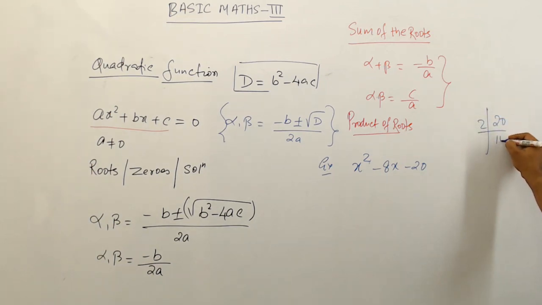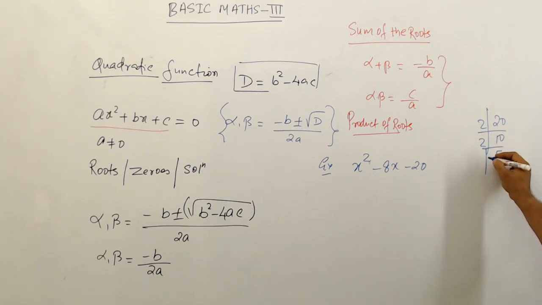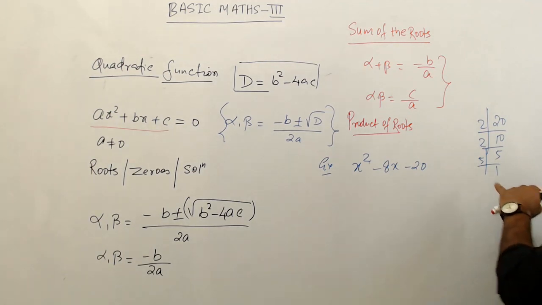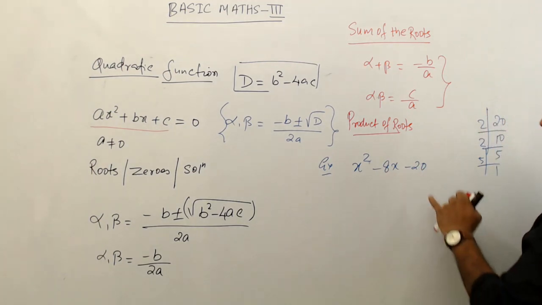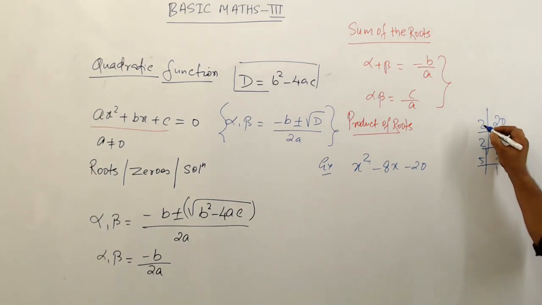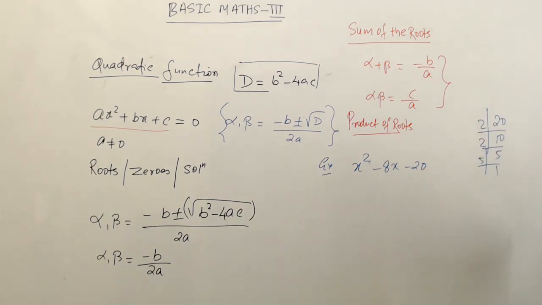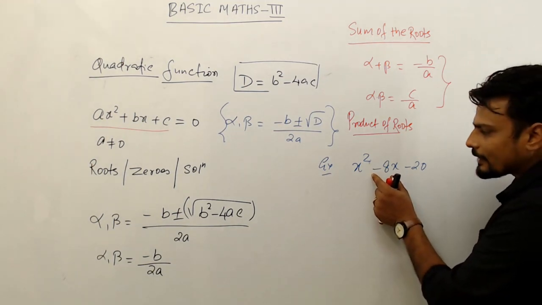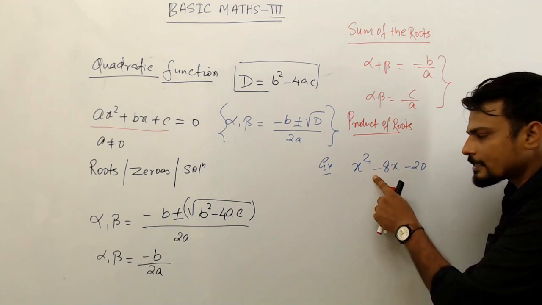So they're going to be 2, 10, 2, 5, and 5 and 1. Okay, so this is not going to work out, right? Why not? We have to split this in two parts such that when we add those two parts, I should be getting this middle term along with the sign.